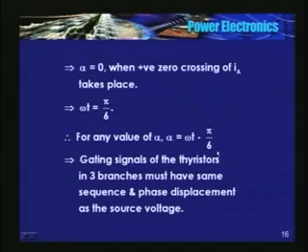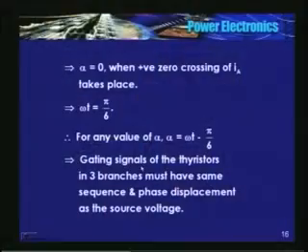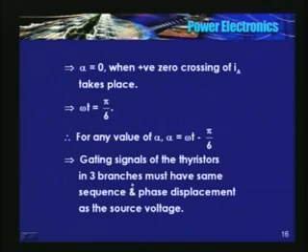Now, another condition. We all know that a 3-phase supply is being applied to a 3-phase load, so voltages have to be balanced. The gating signals for the thyristors in the 3 branches must have the same sequence and phase displacement as the source voltages. What does it mean?